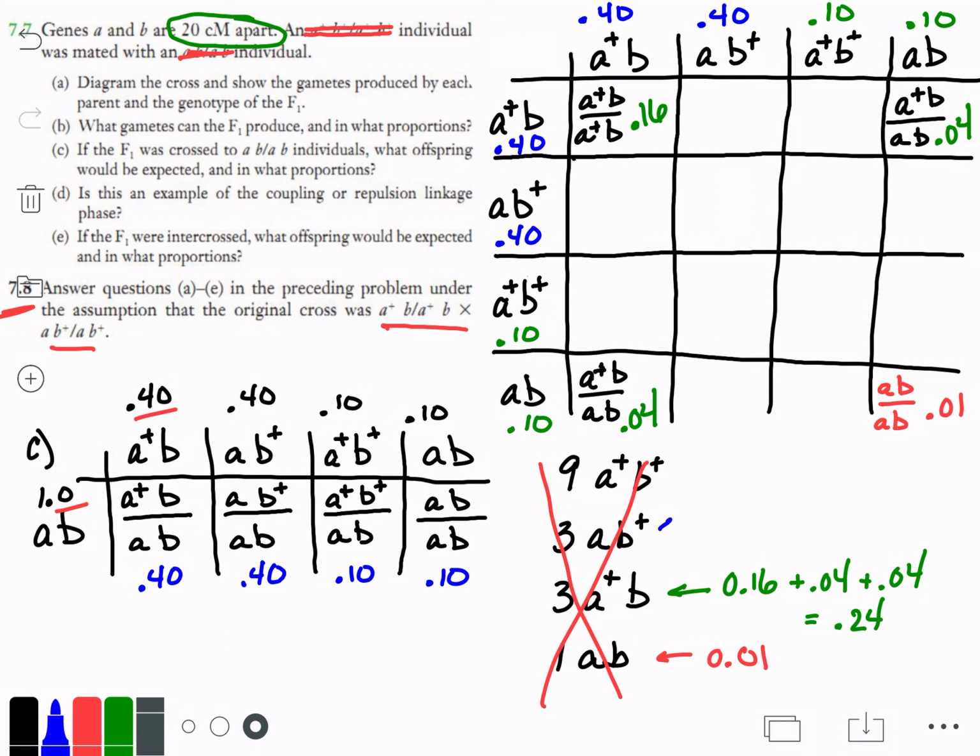If I look for my A minus B pluses, I can find those in here. AB plus from the top and AB plus from the side. I can find it here. And I can find it over here.